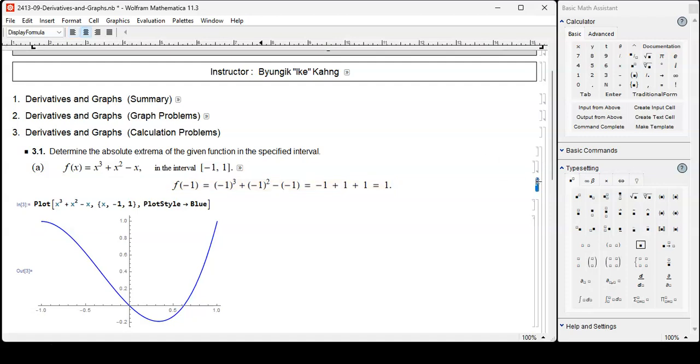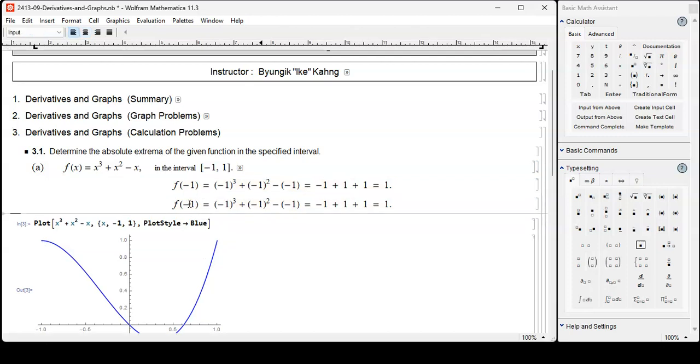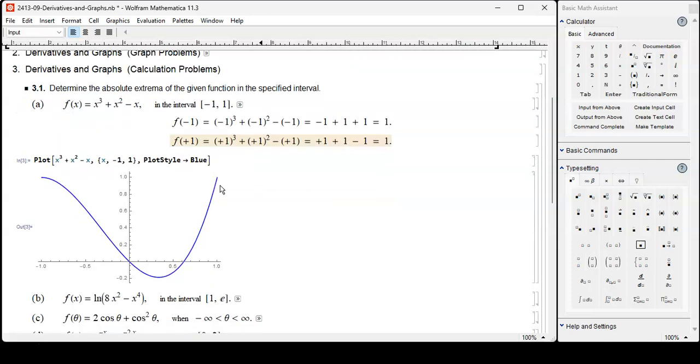How about +1? Okay, that's +1 to the third power, +1 to the second power, minus +1. So this is positive, another positive, and this one is negative. So in the end, 1 again. And look at this. Yes, okay, all right.